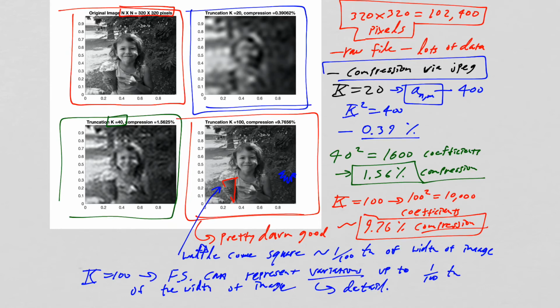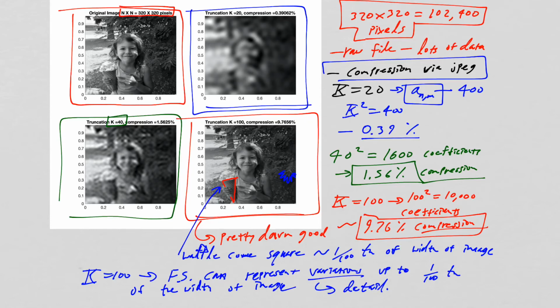As you keep cranking up that k value, you're going to get more and more precise, hard edges. Anytime there's a very sharp edge, you'll be able to see that a lot clearer if you have a larger and larger truncation value k.